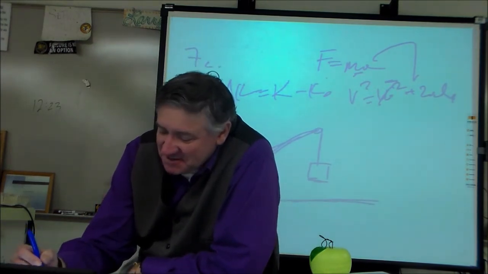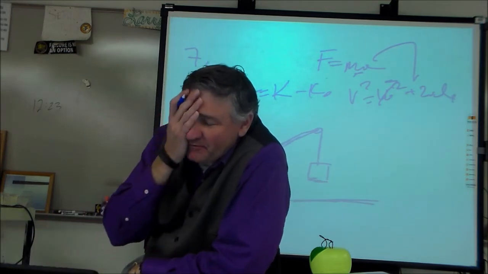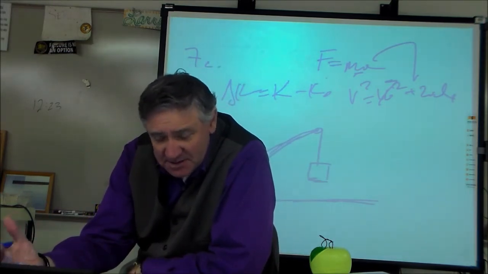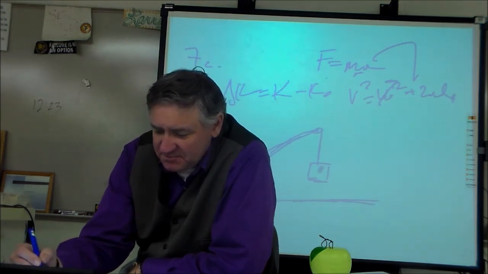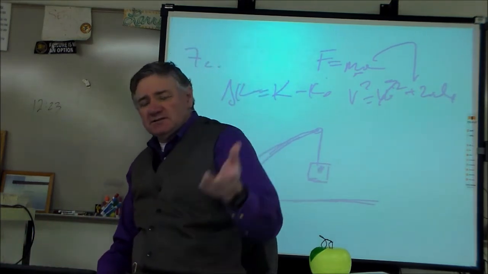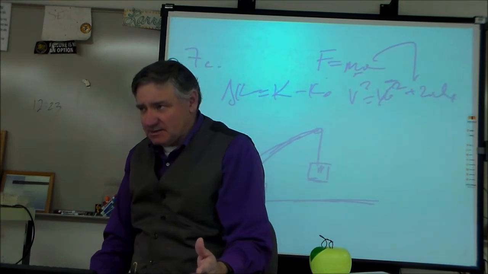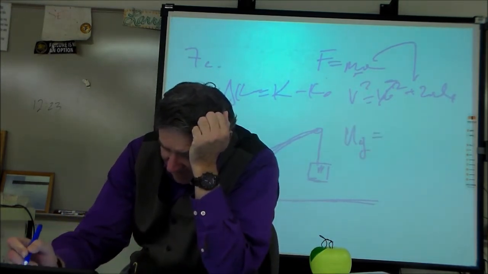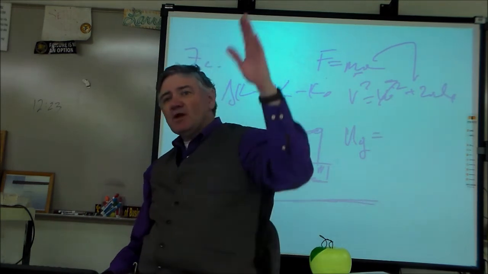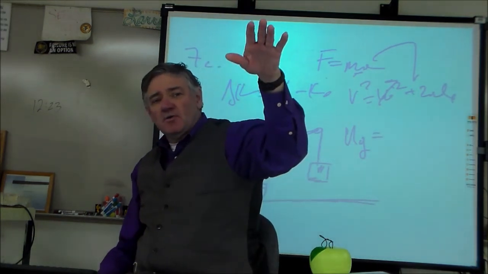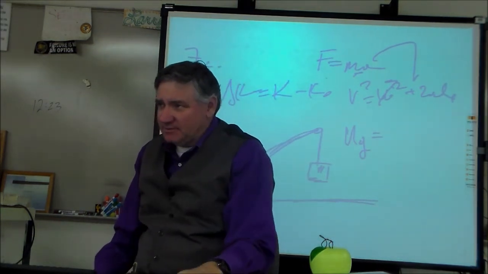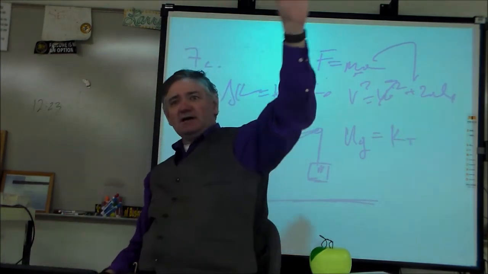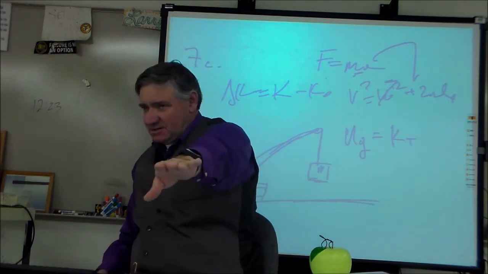Okay, so here's the deal. There's a couple of ways you can work number 6. If you look at it from an energy perspective, when this car is being held up, what's the only type of energy that it has? Potential. Now, when it lands, what's the only type of energy that it's going to have? Kinetic. So I can set the U_G at the top equal to the kinetic energy at the bottom.